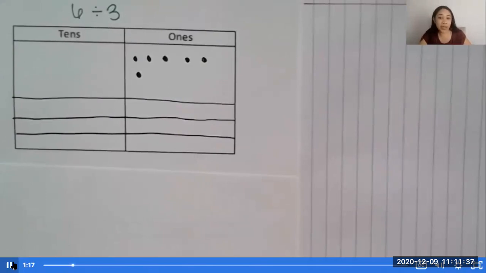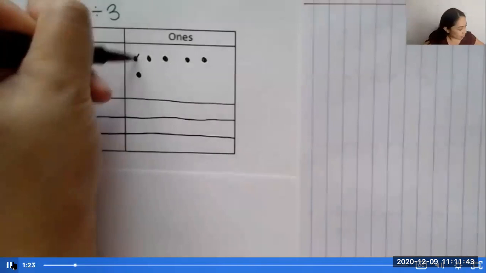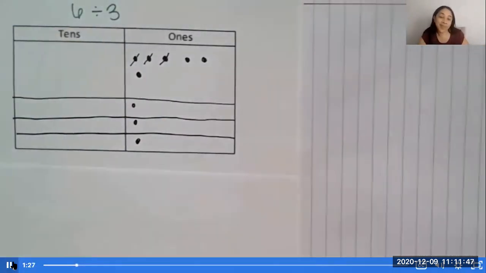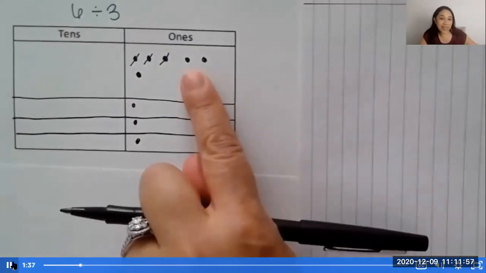First, put 1 in each group. Cross off the ones one at a time as you distribute them evenly. Next, put another in each group if you're able. Are we able to put 1 in each group again? Yes, we have 3 ones here.